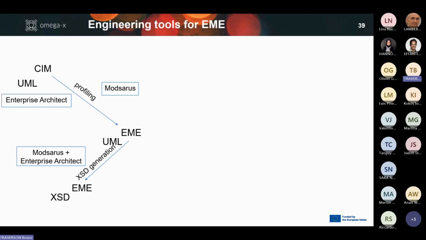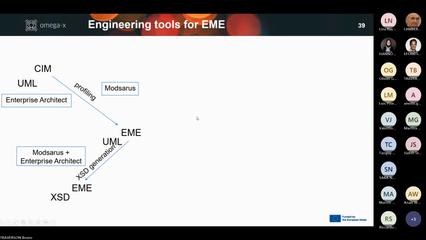Mozzarella is an add-in to Enterprise Architect. When you have the EME as a UML model, you can generate XML files that will conform to the XSD that is generated automatically using Mozzarella and Enterprise Architect. So you have already model engineering for this, let's say, old world modeling approach.